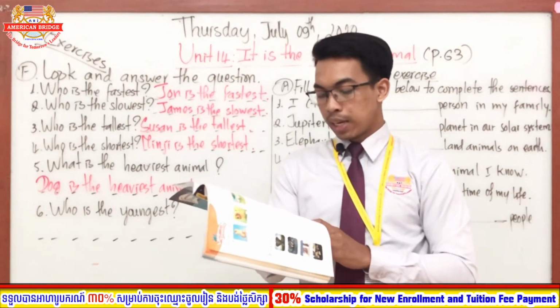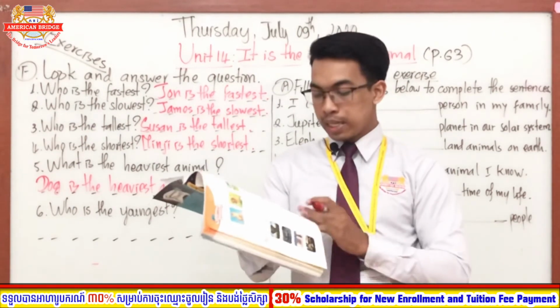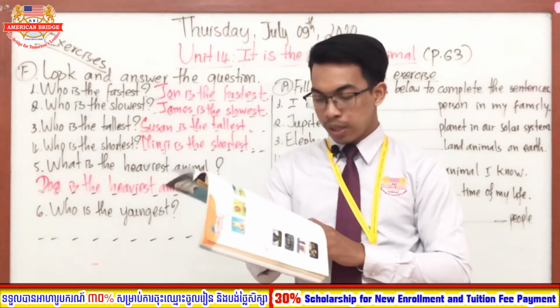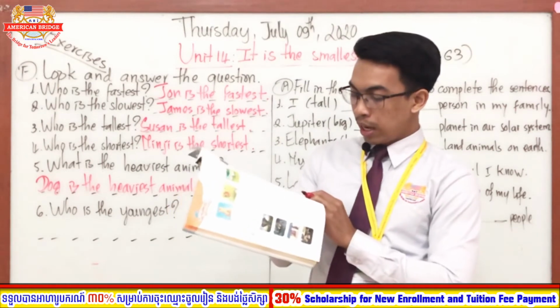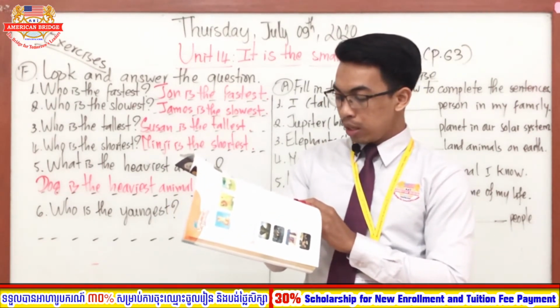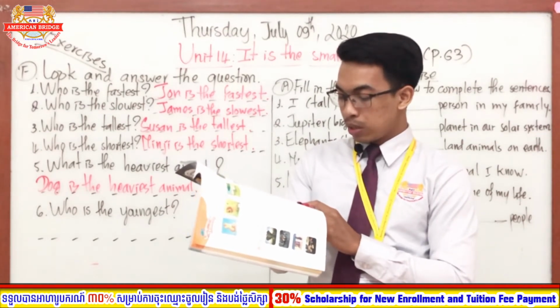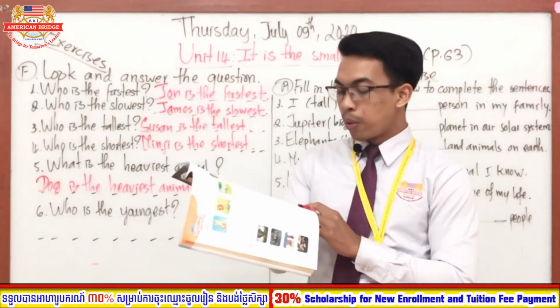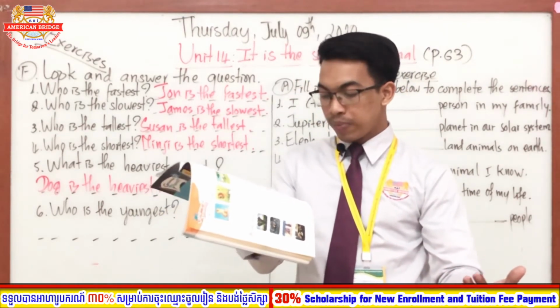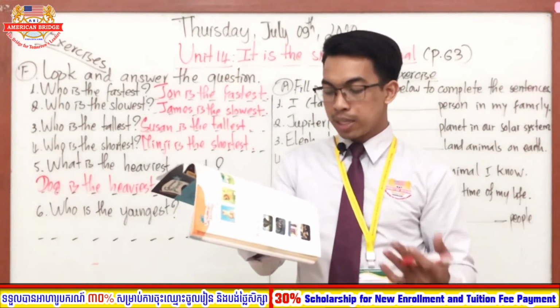Who is the youngest? Who is the youngest? Okay. So who, everyone? You can see the first one, and here the second one, Pill, and the third one, Len. So which one, everyone? Very good. So the youngest one is, yes, of course, Angel.